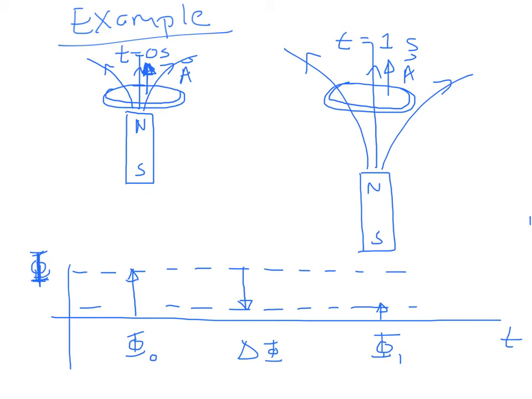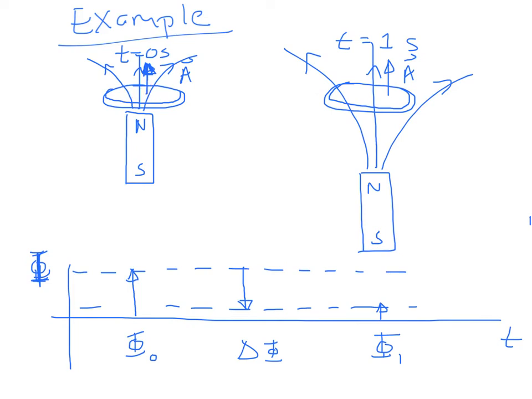We must produce a current which creates a magnetic field inside the loop, which creates a positive flux. Okay? So think about a magnetic field inside the loop in this region, which creates a positive flux.